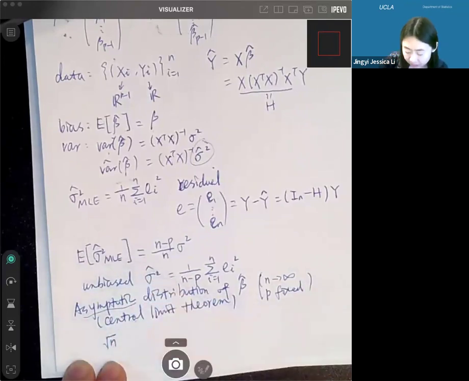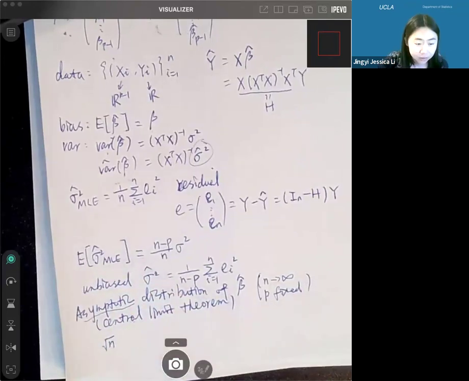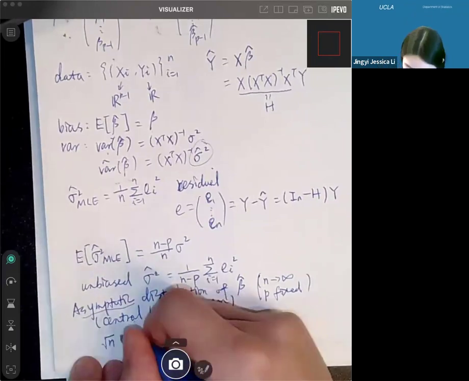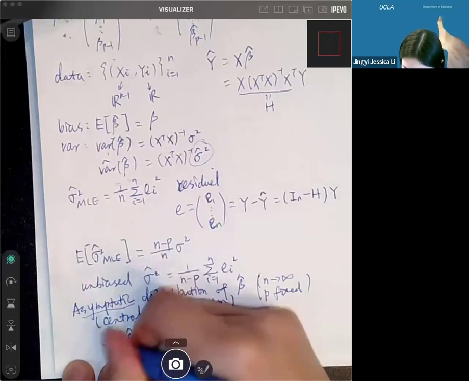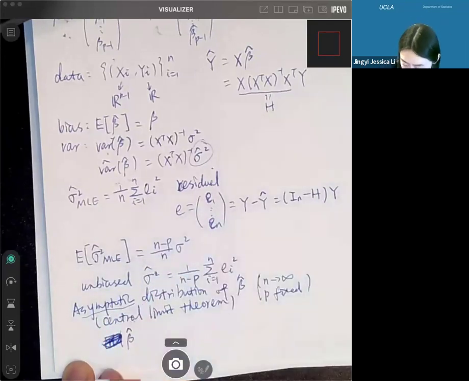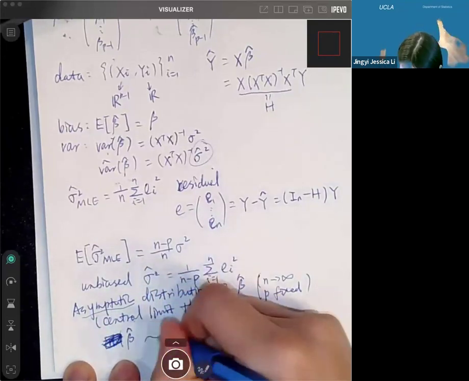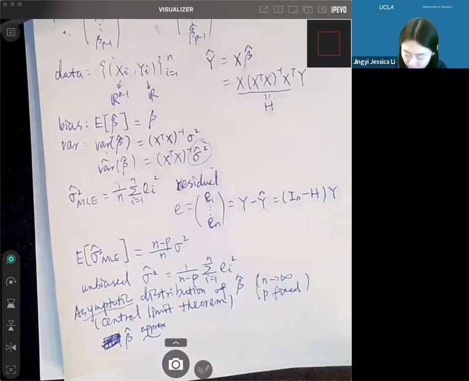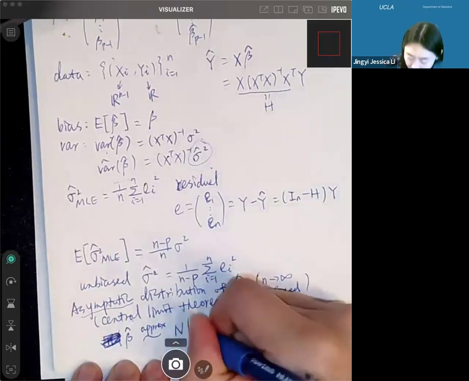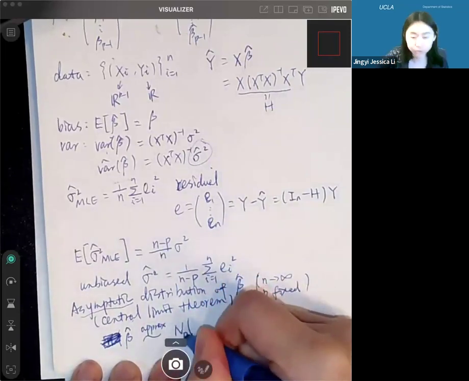So basically, we have this beta hat, and I'll just give you the rough version of it. So beta hat is approximately, asymptotically approaching this normal distribution. And here it is a p-dimensional normal distribution.